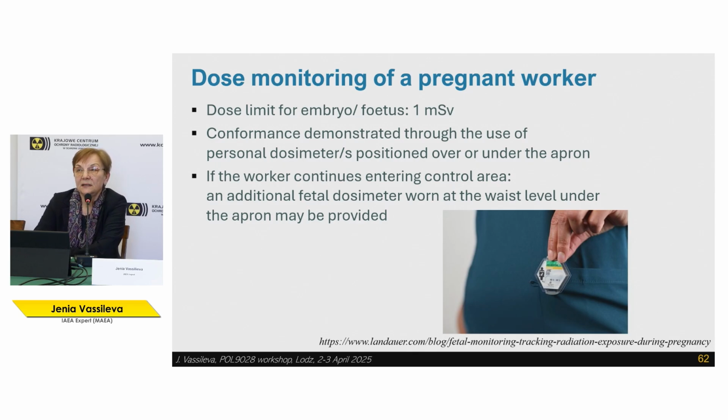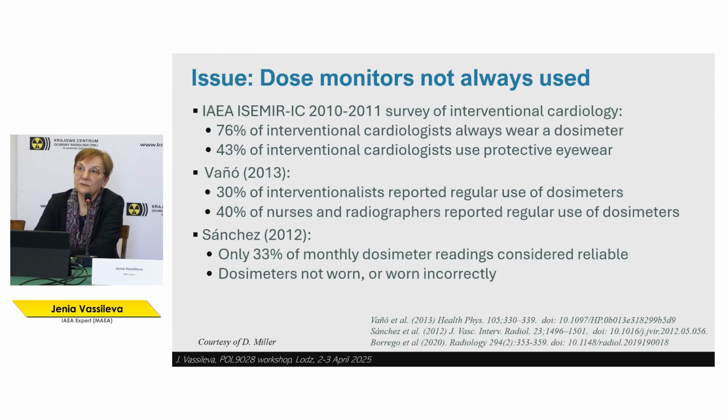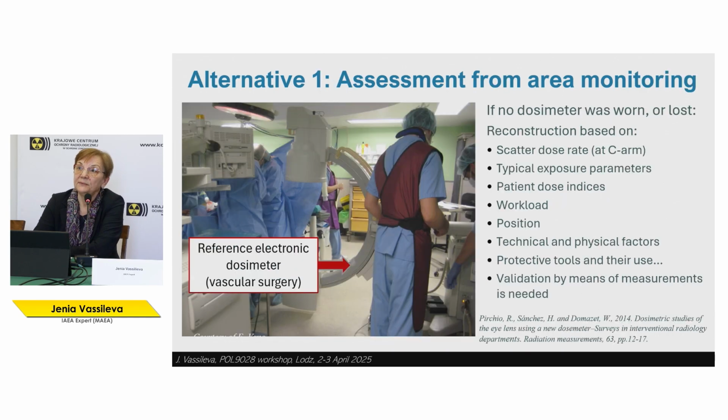That means 1 millisievert should not be exceeded during the whole pregnancy. An additional dosimeter placed at waist level under the apron may be very useful in this case. So if the dosimeters are not used or were lost, for example, it could be possible to use this reference electronic dosimeter that is put on the C-arm.